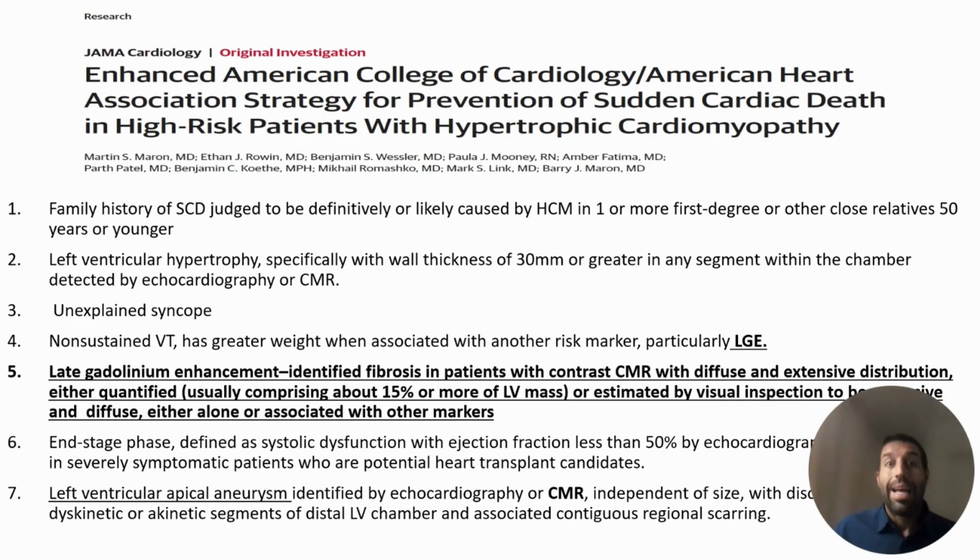In these recommendations, we can see the role of CMR in 3 out of 7 points. In particular, it reports that non-sustained VT has greater weight when associated with another risk marker, particularly LGE.